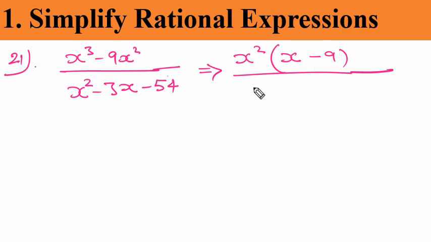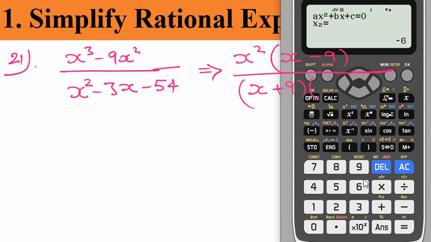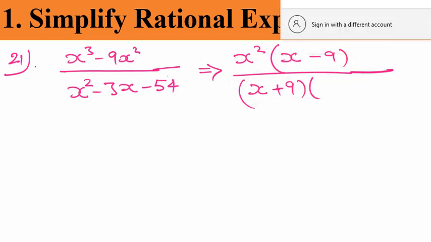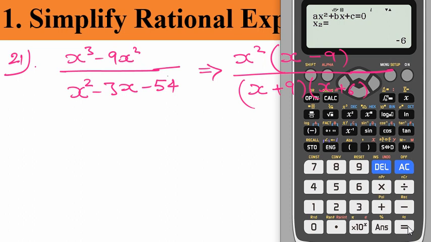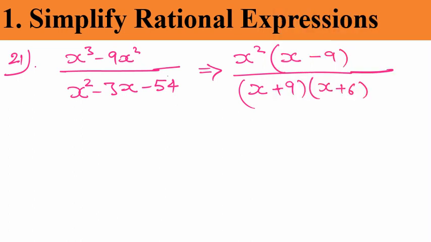So x1 was 9, so that will give you plus 9. Okay, let me cross check. And x2 is minus 6, so that will give me plus 6. Right, that's what we got. Let me just cross check again, double cross check. Okay, 9 and minus 6. Good. So that's what we will get.